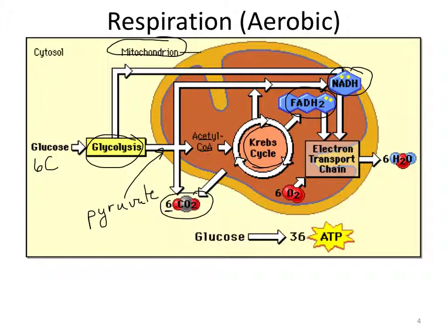In respiratory organisms, these are predominantly going to go off to the electron transport chain. We're going to talk about the electron transport chain in the next part of this lecture series.